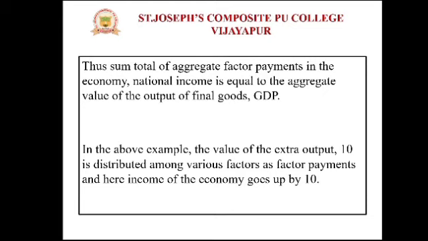In the above example, the value of the extra output or additional output, 10, is distributed among various factors as factor payments, and here the income of the economy goes up by 10. That means, just as an example, additional output or extra output 10 is distributed among the various factor payments, and the income of the economy also increases by 10.